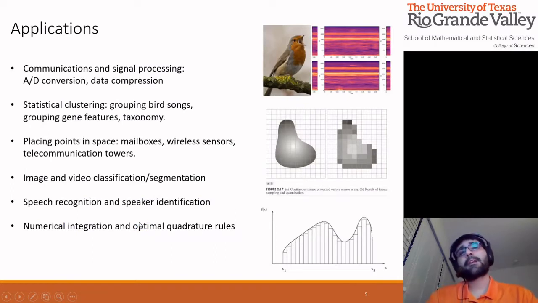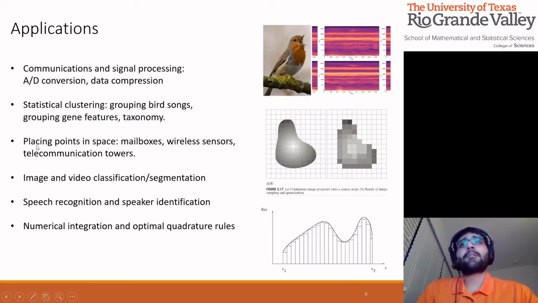And some applications that we have for quantization are in the field of communications and signal processing, what I mentioned in analog to digital conversions, also in data compression. There's also application in statistical clustering, like whenever we're grouping bird songs or grouping gene features or classifying organisms in taxonomy.